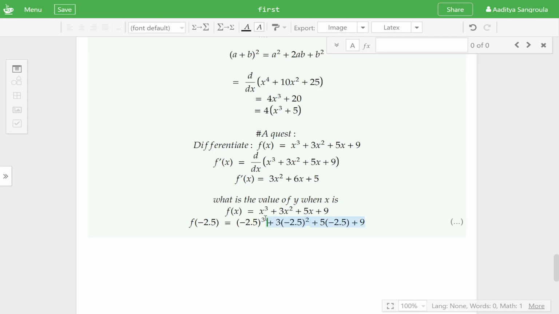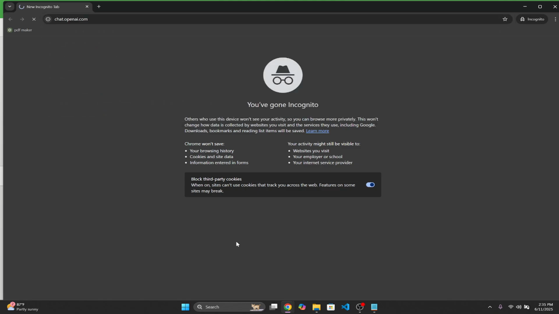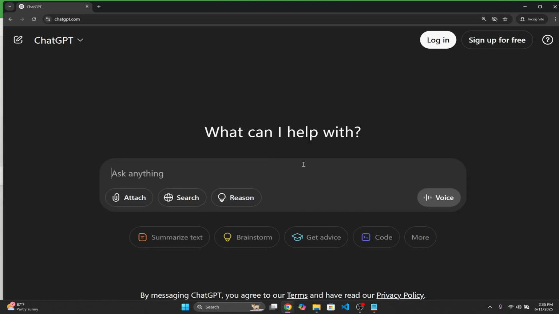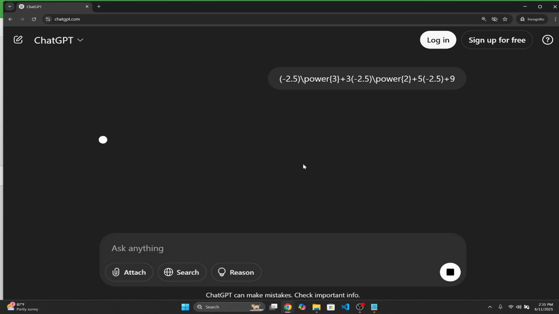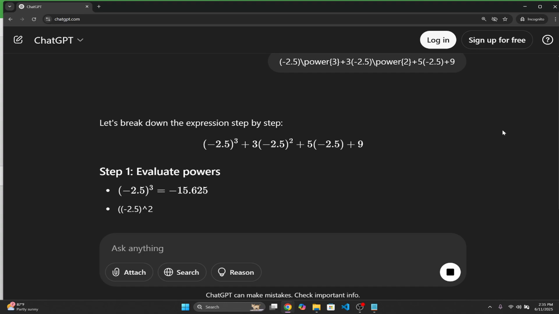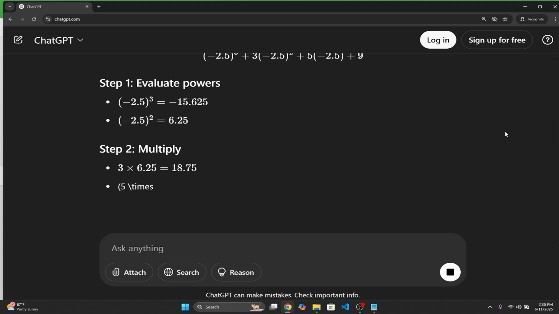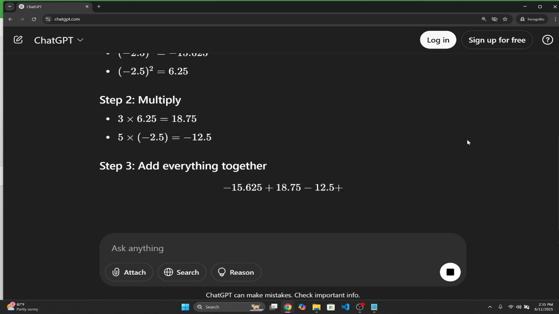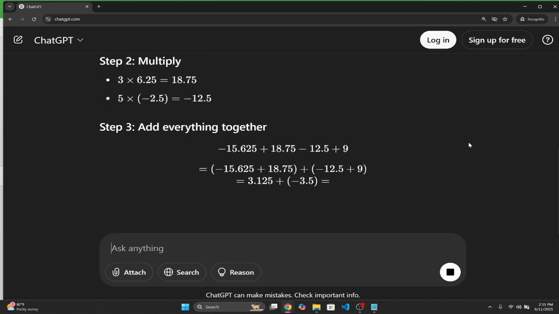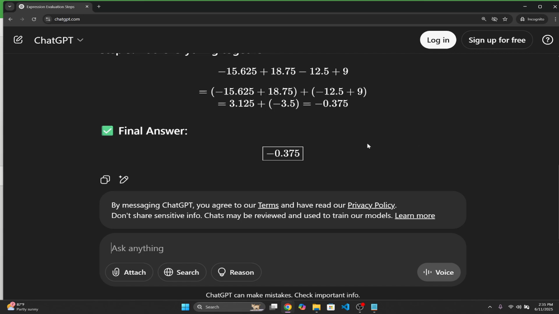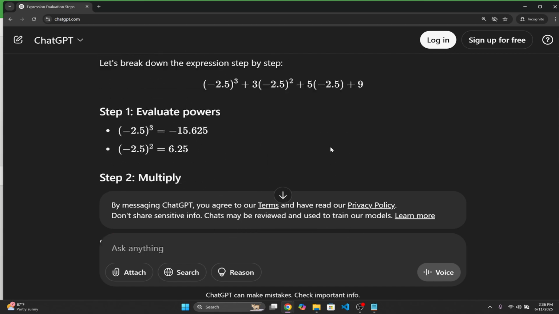Now I don't want to do it on my own. I'm just putting it to ChatGPT, which will do this. So the output is minus 3.75.